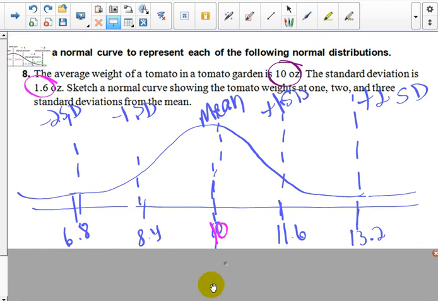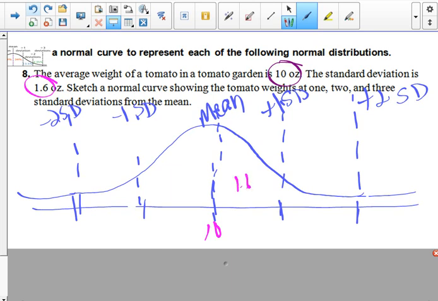So what you're going to do is you're going to take the 10. We have 10. And we know the standard deviation is 1.6 ounces. So let's fill these out. So we're going to add 1.6, and that's going to give us 11.6.